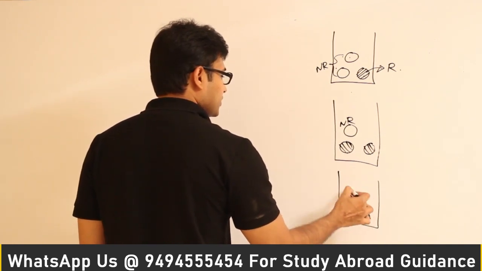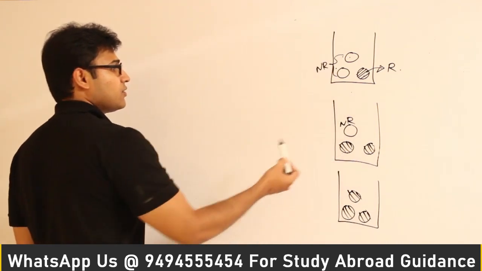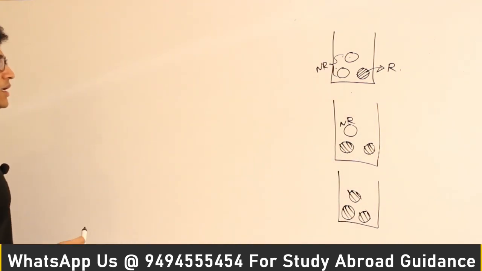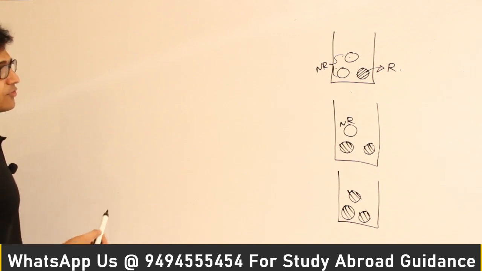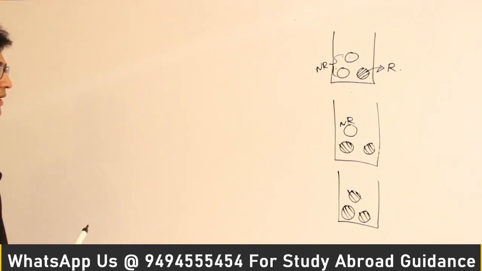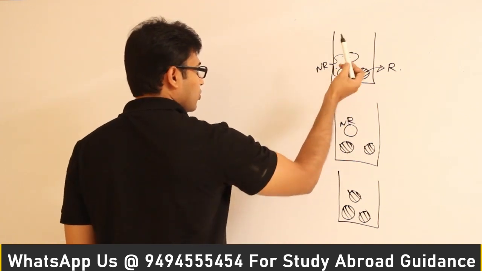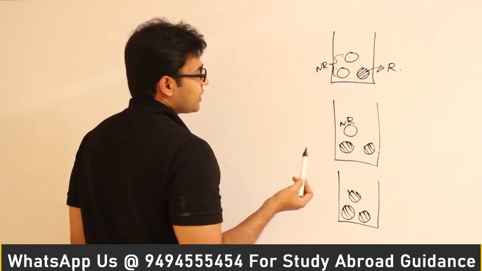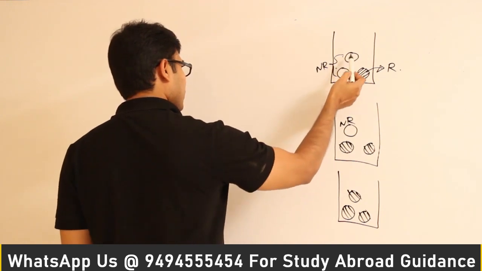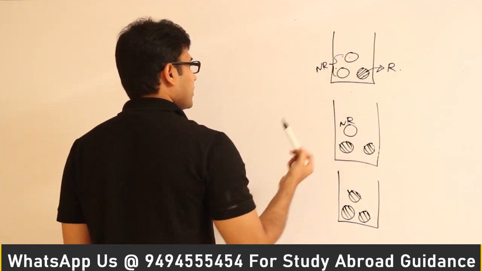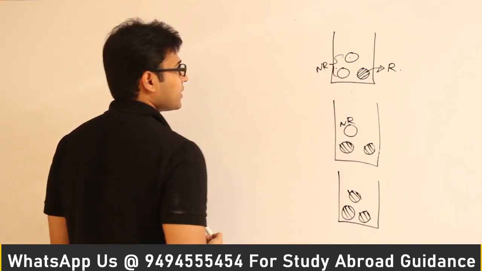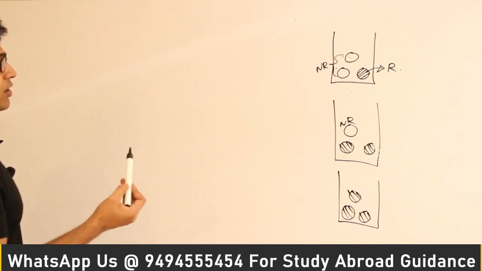Got it? Since it is unknown, we have to take into consideration all the possible chances. Now they have given that one ball is red, 2 balls are unknown. Now what can be those 2 balls? Either both of them can be non-red, or one of them can be non-red, or all of them can be red. Now all these 3 are possible.